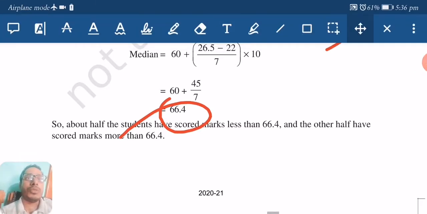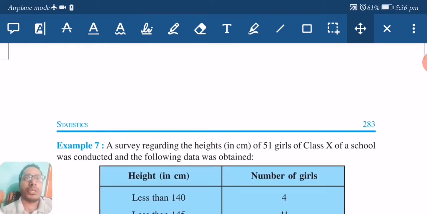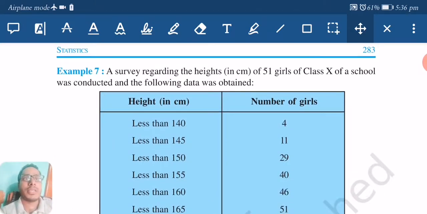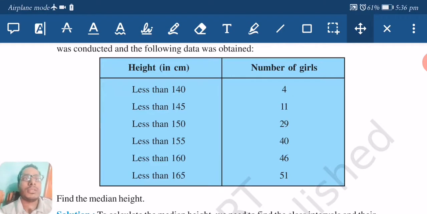So this is how we find the median of the given information. If you look at this example here: a survey regarding the heights in centimeters of 51 girls of class 10th of a school was conducted and the following data was obtained. This is the way the questions will come.